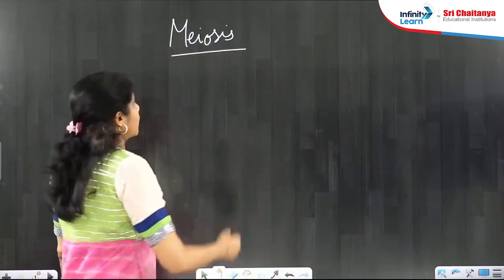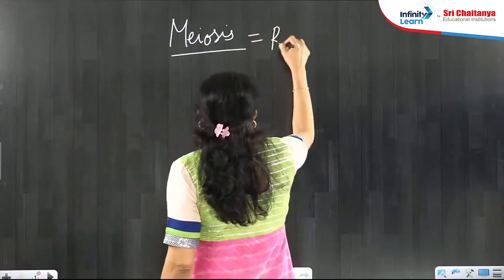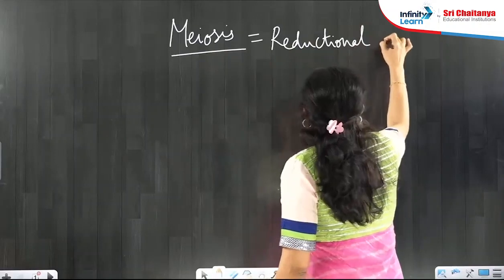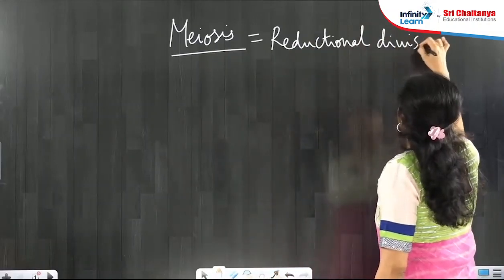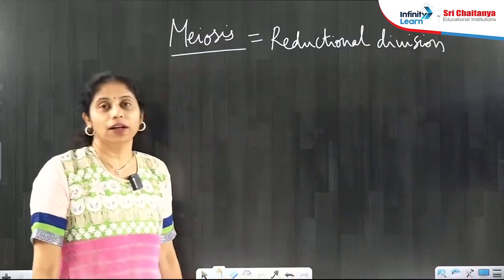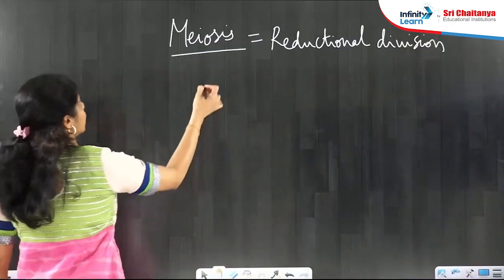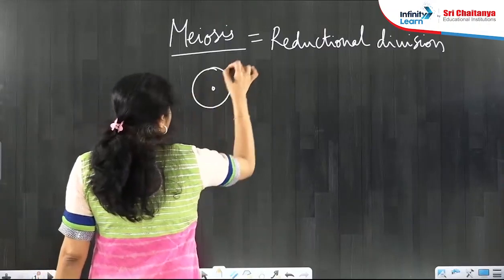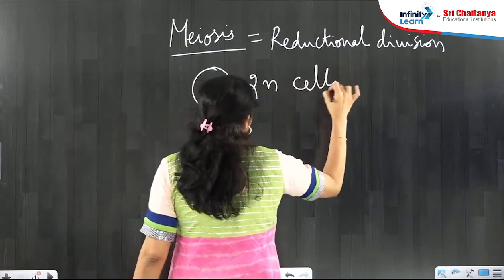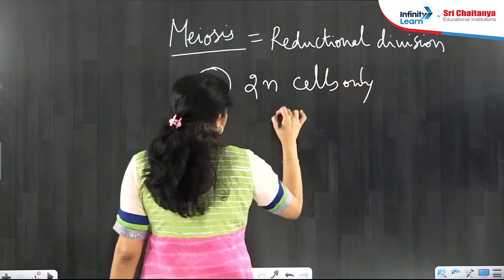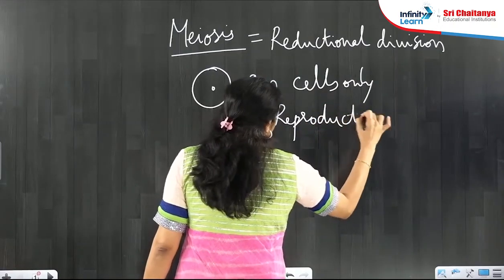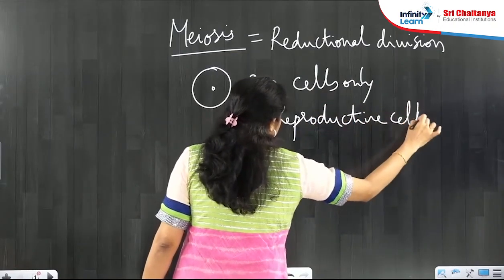Meiosis is also called reductional division. In this, one parent cell occurs always in diploid cells only. Generally it occurs in the reproductive cells, whereas mitosis will occur in the somatic cells.